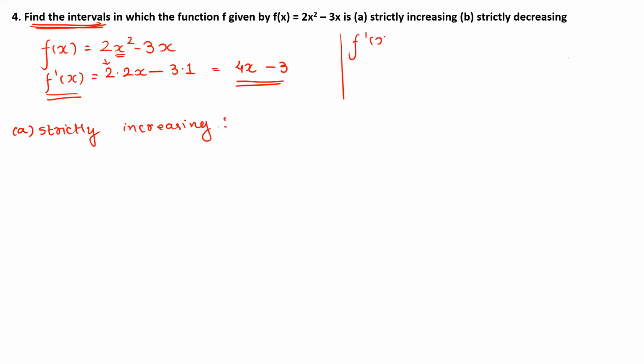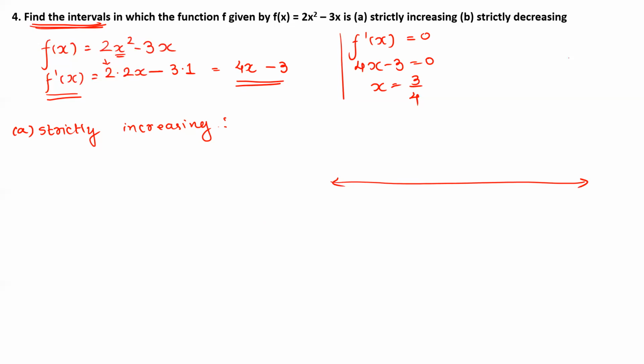Then your f dash x, you consider that it is 0. And for this f dash x equal to 0, you find the value of x. Value of x will be 3 by 4: 4x is equal to 3, and x is equal to 3 by 4. Now, if you have 3 by 4, we always draw like this to find the intervals.